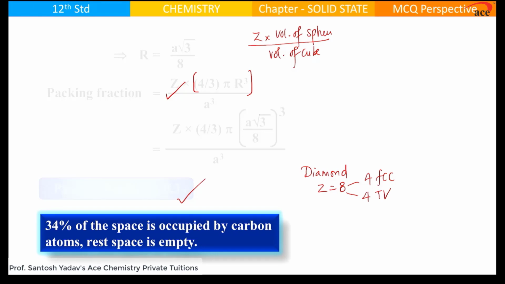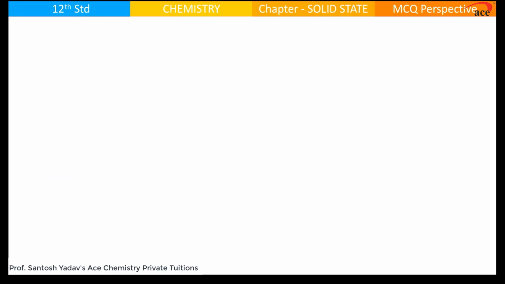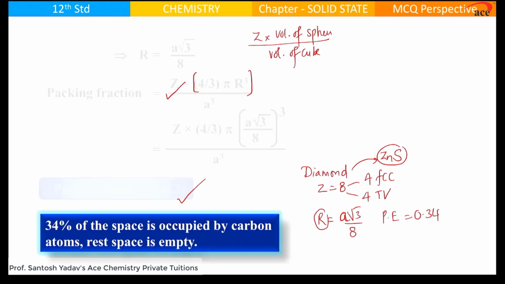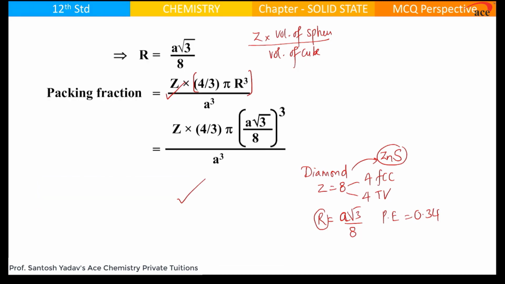And you should remember r, the radius of the carbon sphere, is a root 3 by 8, where a is the edge length, and the packing fraction is 0.34. You should know diamond is similar to zinc sulfide. Only thing is, in the place of zinc as well as sulfide, who is present? Answer is carbon. That's the information about diamond.